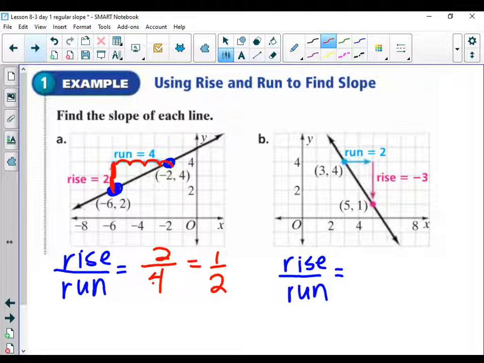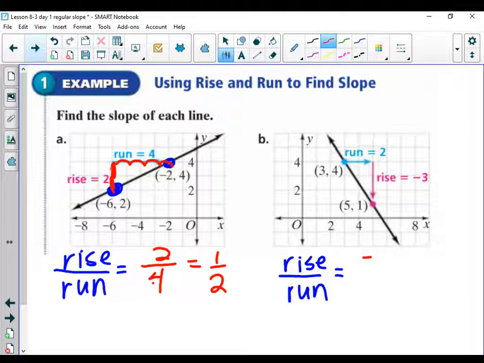Just by looking at this one, I noticed something. There's a -3. Oh, that must mean I'm rising. This is so weird. Rising down? How can you rise down? That is the right question, Bryn. How can you rise down?